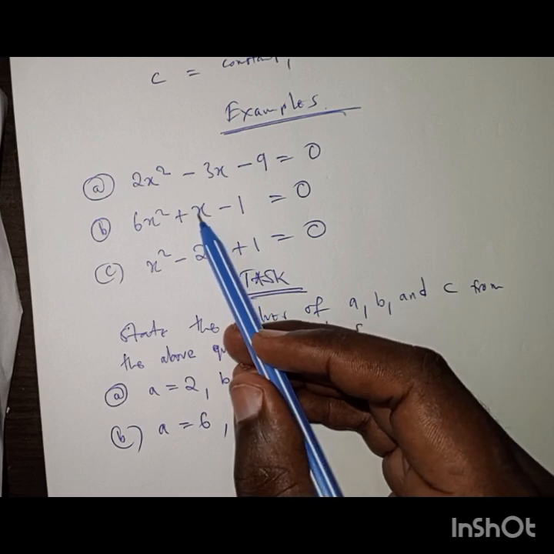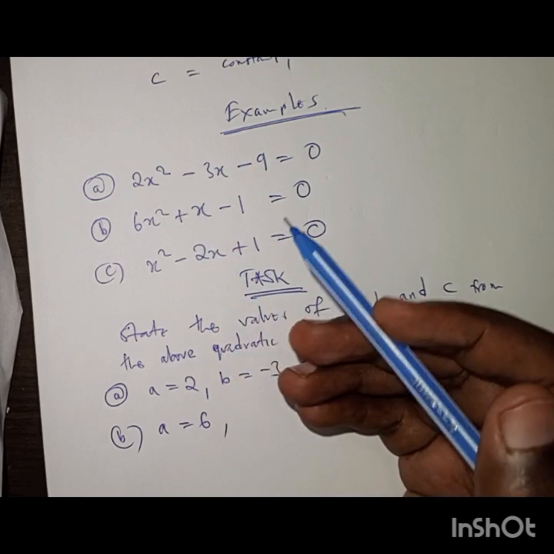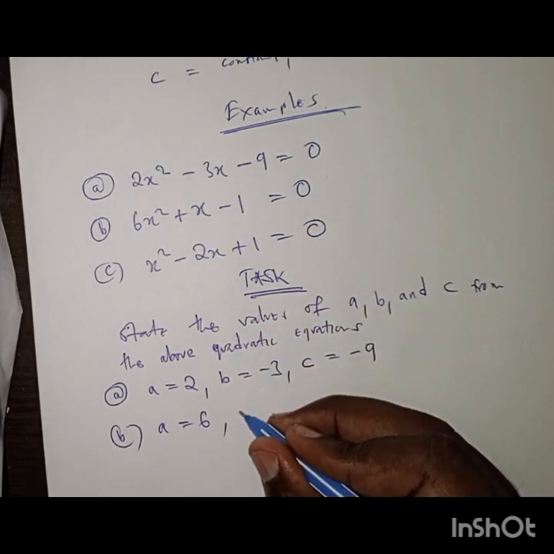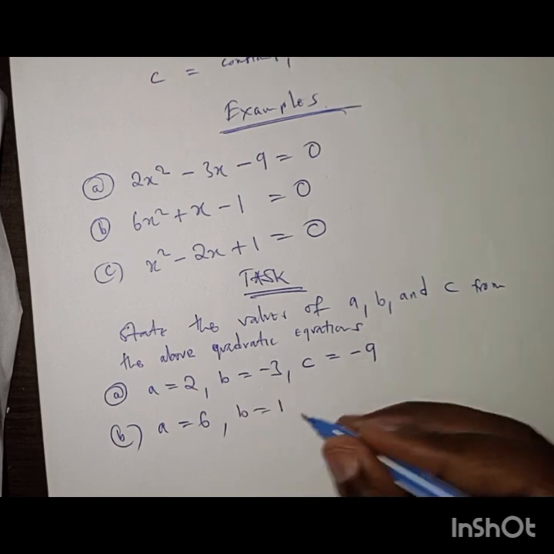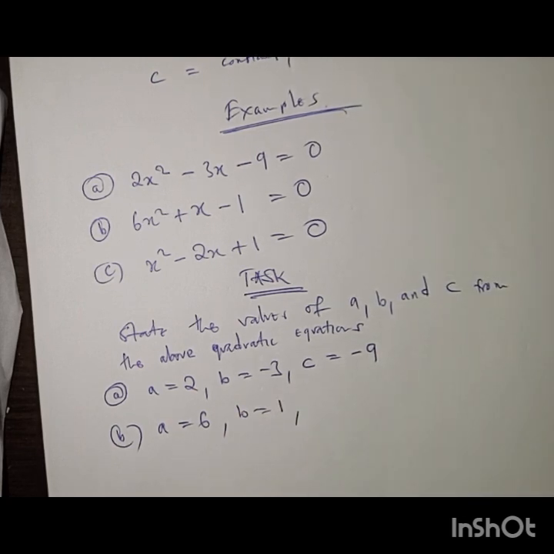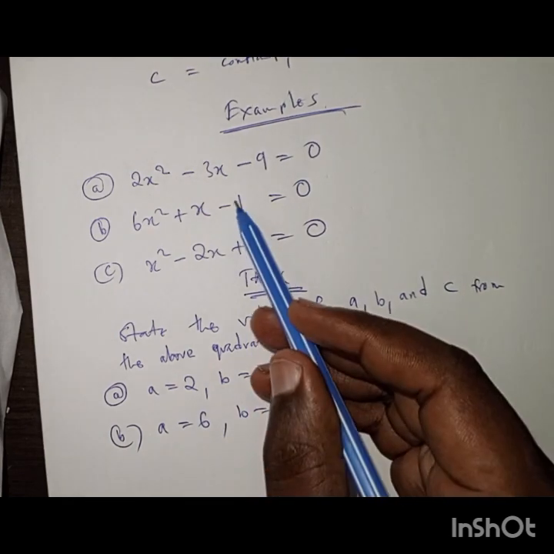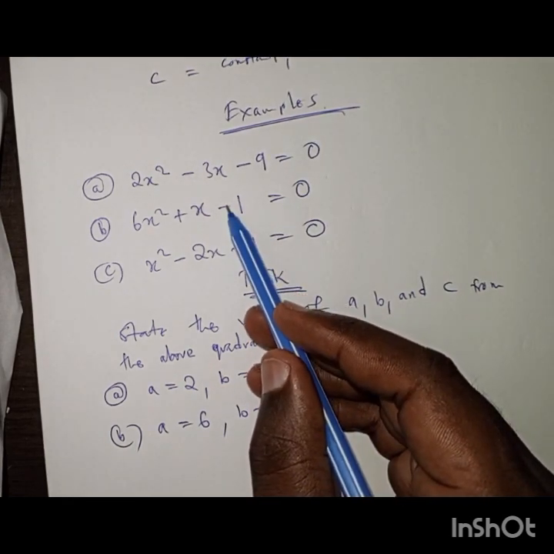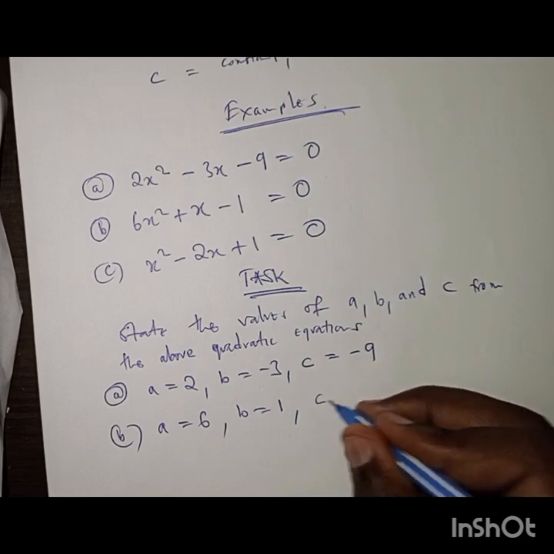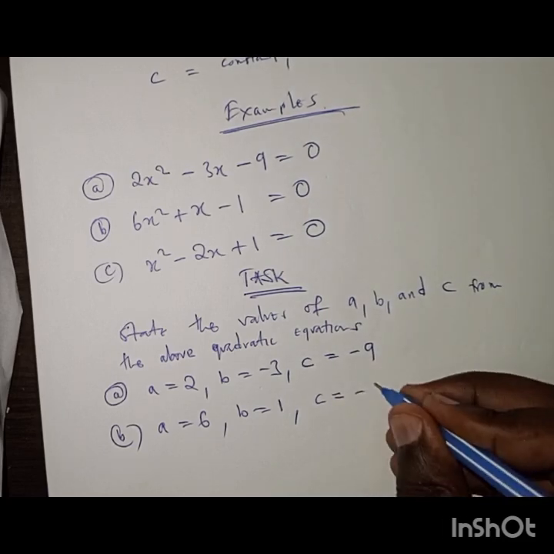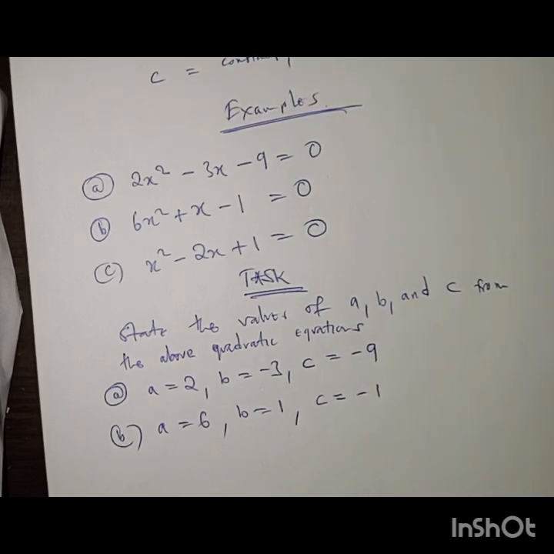Okay, so here there's an invisible 1 and it's positive, so we have a positive 1. So b is equal to 1. Okay, c, that is the term independent of x. What's the term independent of x here? We have 1 there and there's a minus there, so it's minus 1. C is equal to negative 1.